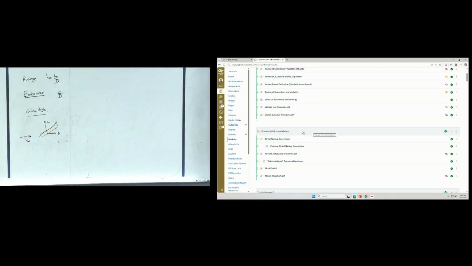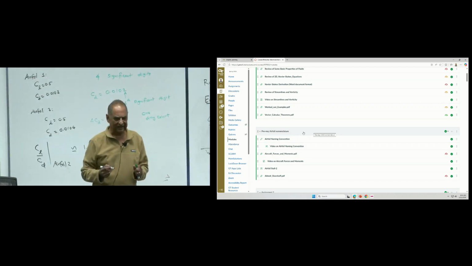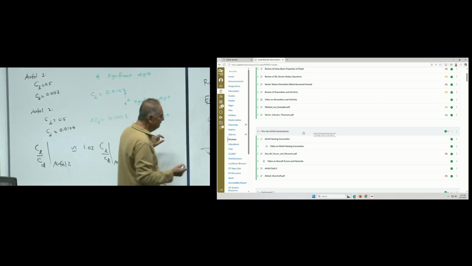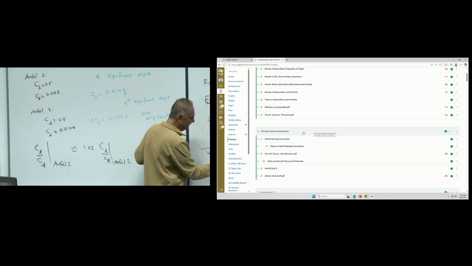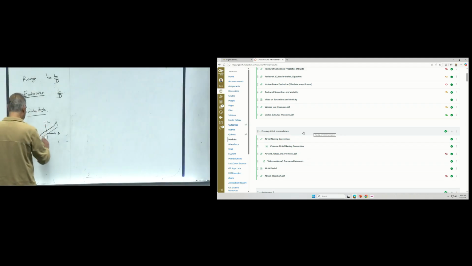So what balances the lift and drag? It is the weight of the aircraft, acting this way. So a component of the weight is what is overcoming the drag, okay?